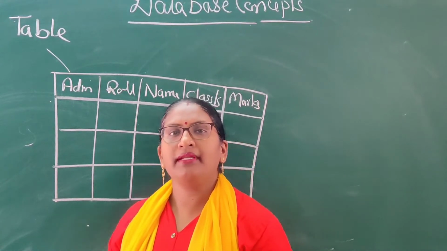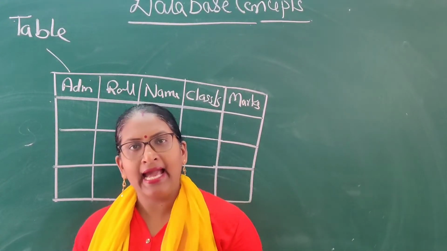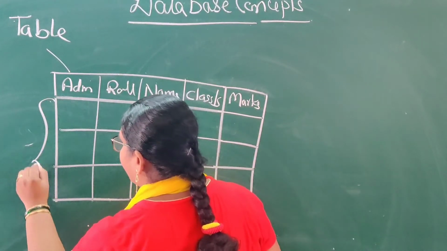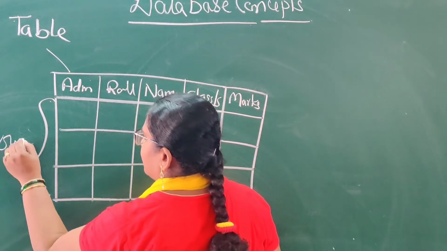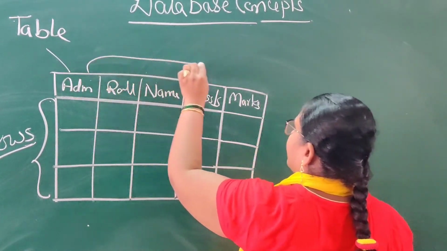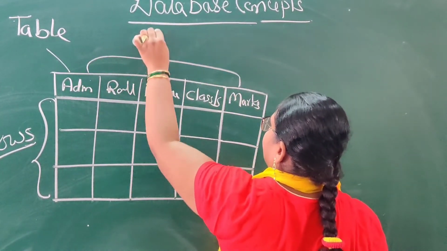Table is a combination of rows and columns. These are your rows, and these are your columns.